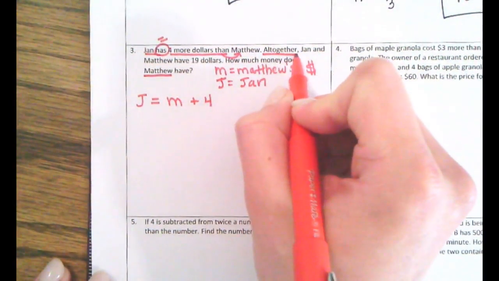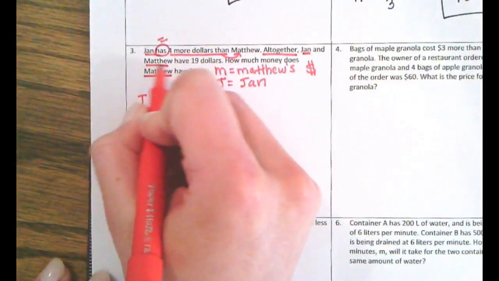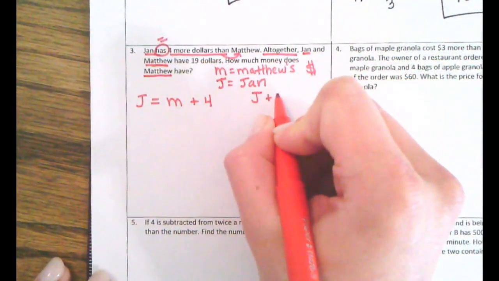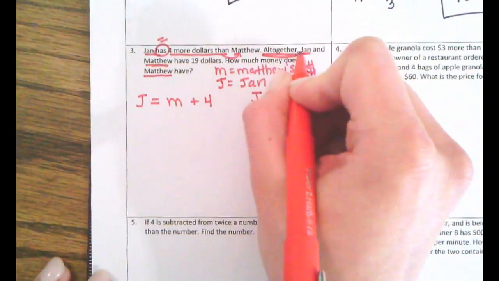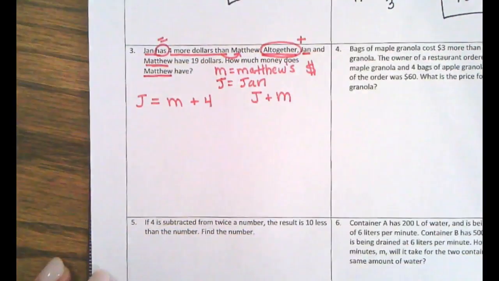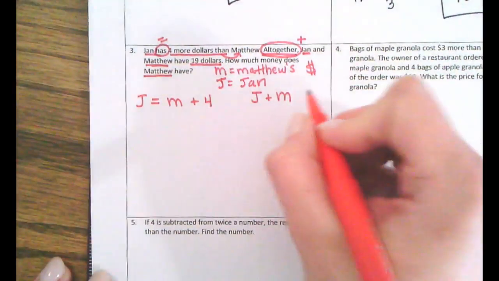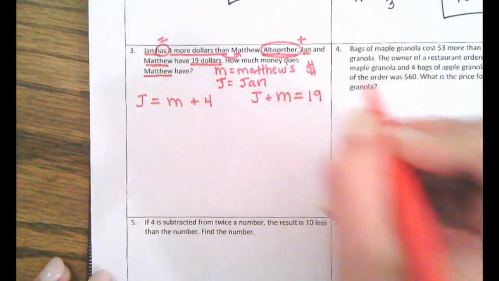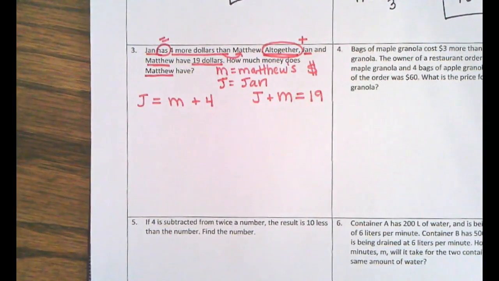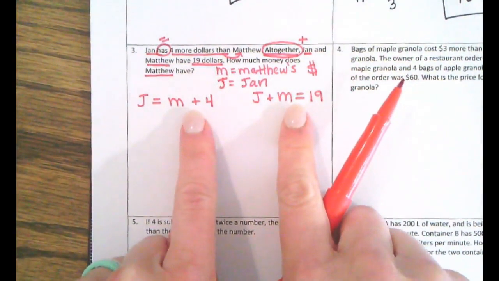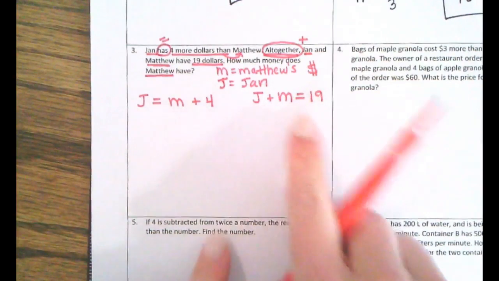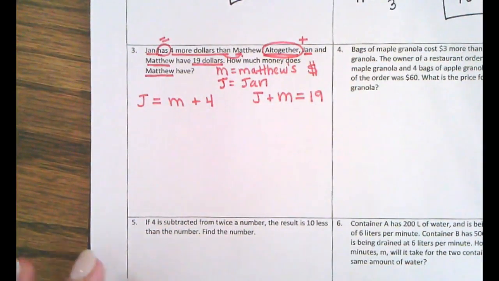All together, meaning Jan and Matthew. So Jan and Matthew all together means to add. They have $19. Now I have 2 different equations here. However, I only want one equation with one unknown.